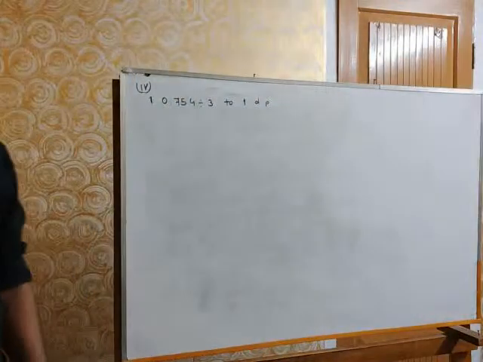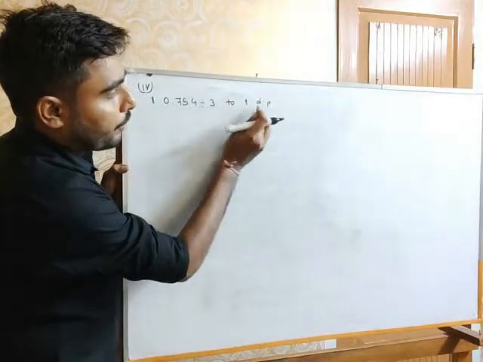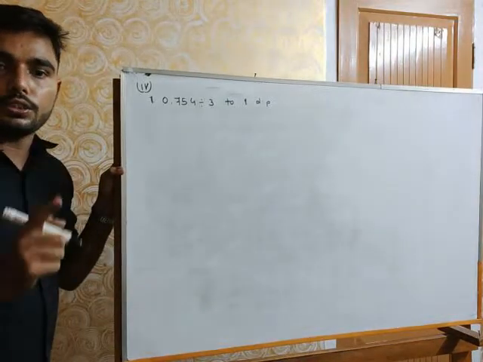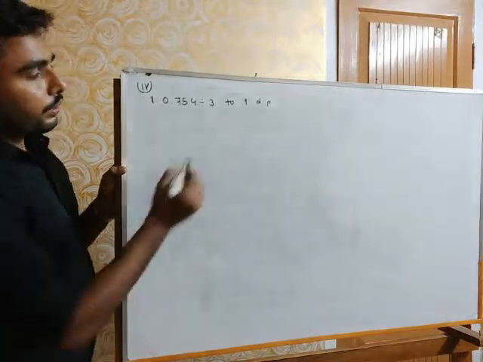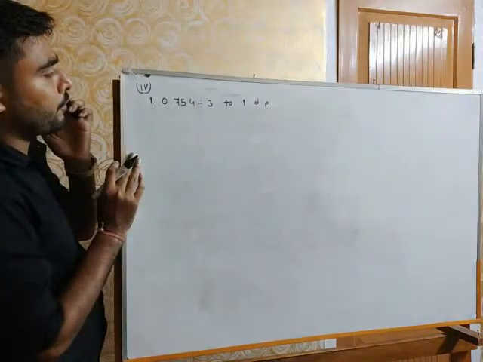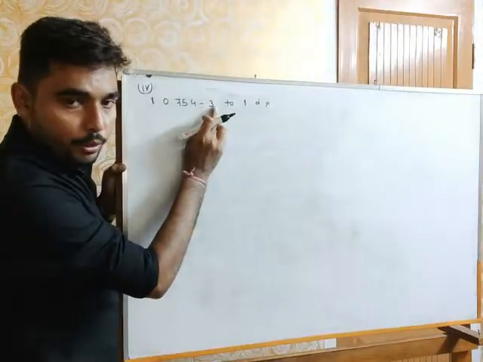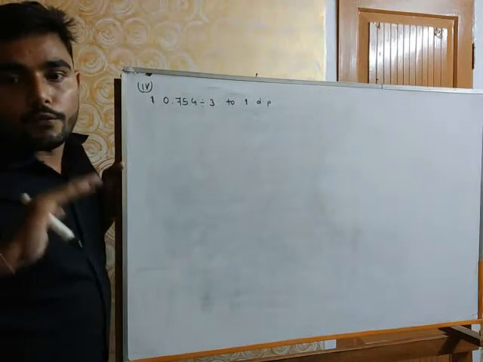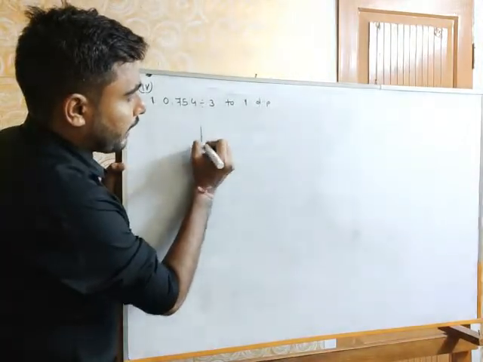We will divide 3, and we need the answer to 1 decimal place, meaning one digit after the decimal. Here the number with which we have to divide is a whole number, so there is no decimal in the divisor and we divide it directly.